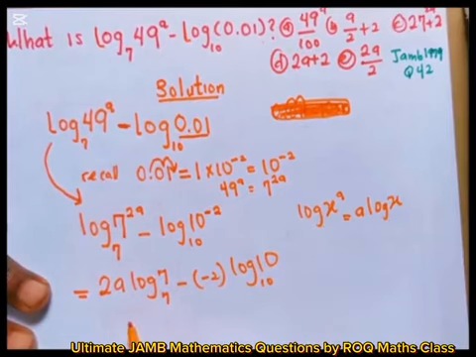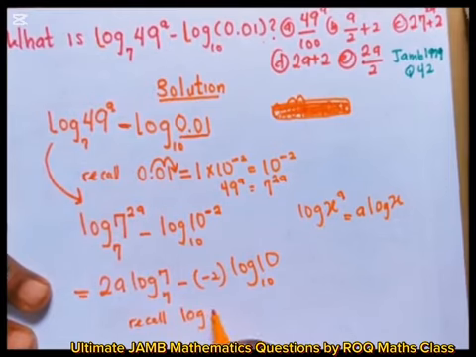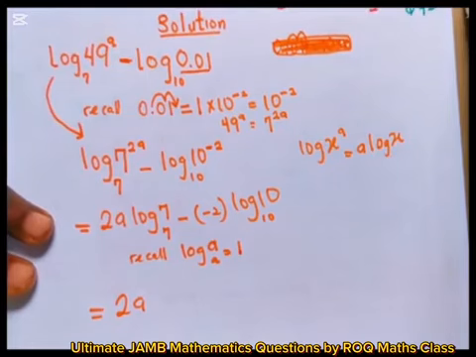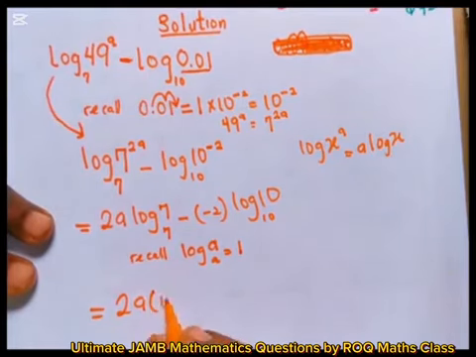Again, recall that whenever you have the log of a base a, this is the same thing as 1. So the log of 7 base 7 is the same thing as 1.